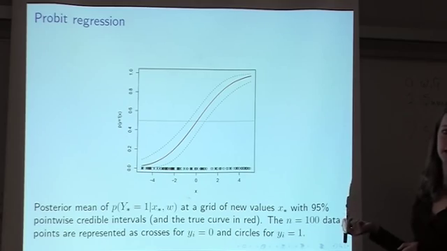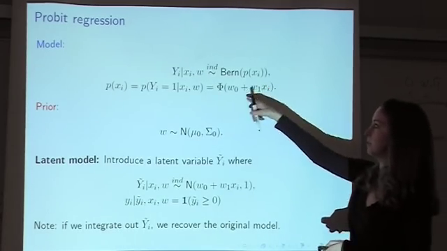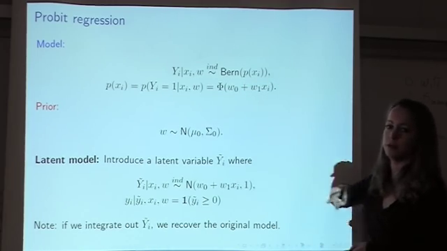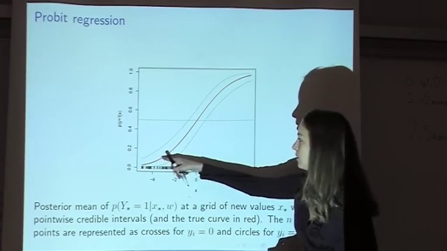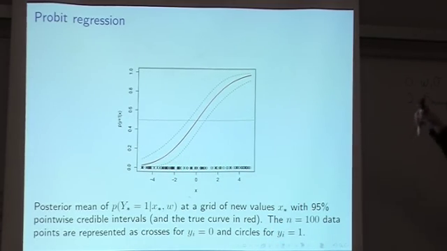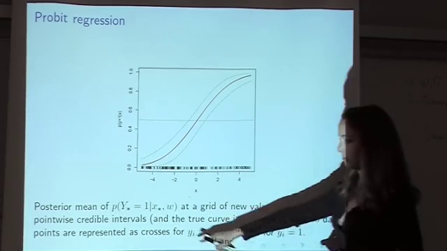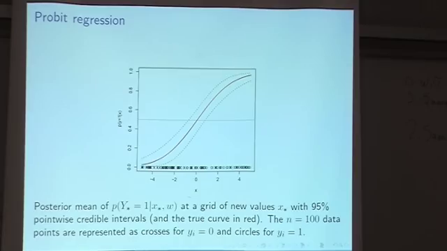Since I simulated the data, I know the truth; I picked some values of W0 and W1. The black line is my estimated probability that y is equal to 1 given x and w.